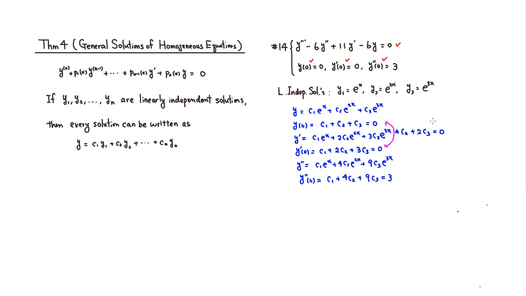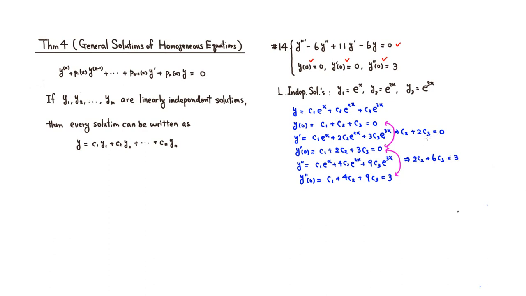Then I'm going to subtract the second equation from the third equation. Again, the c1's cancel out. 4c2 minus 2c2 would be 2c2, and 9c3 minus 3c3 would be 6c3, and 3 minus 0 is equal to 3.